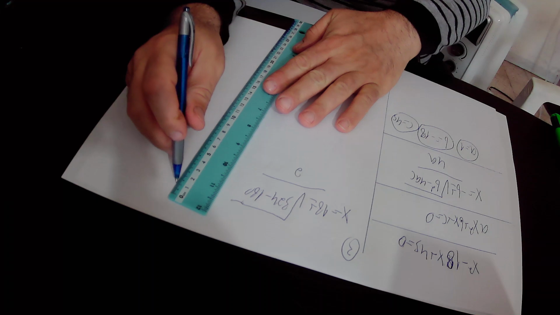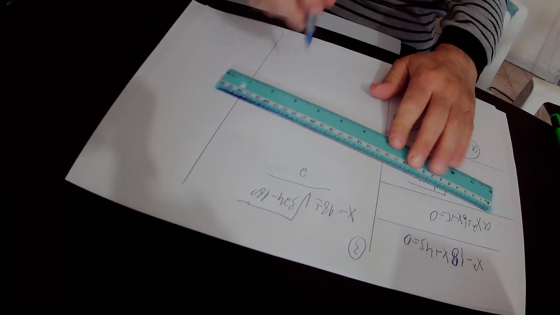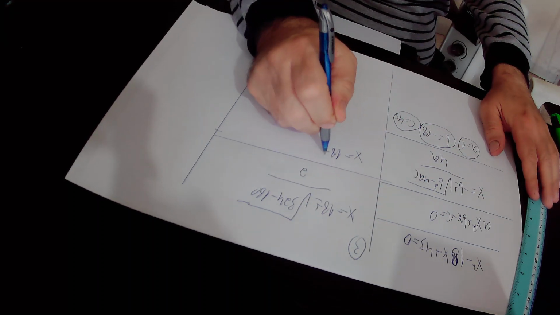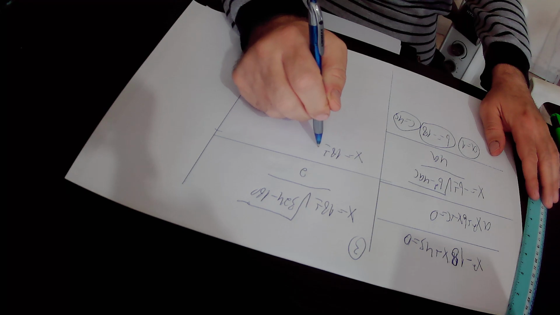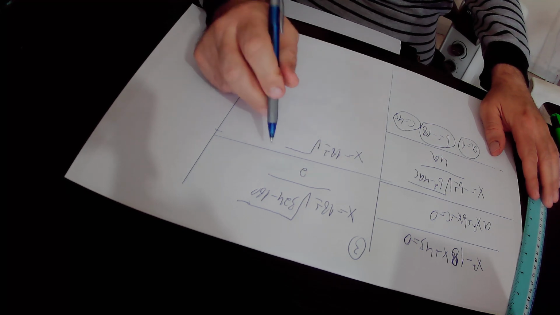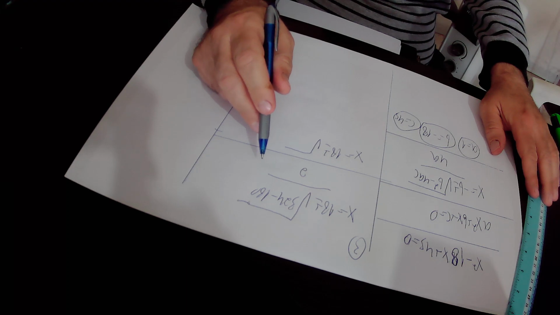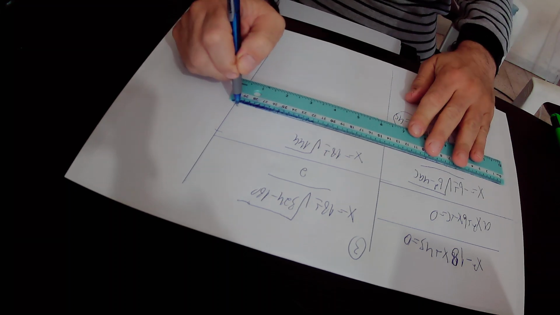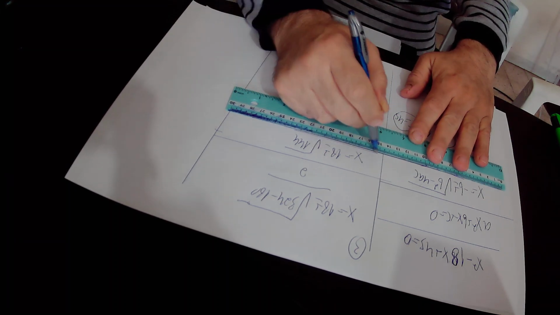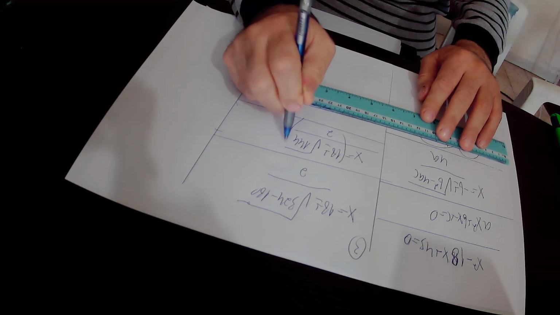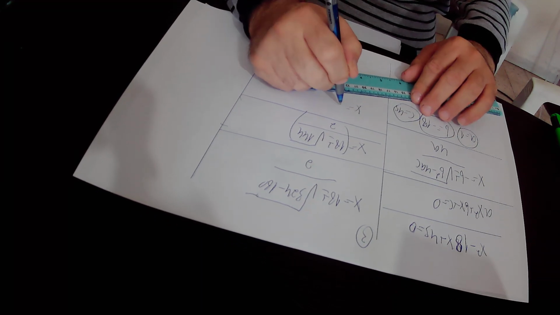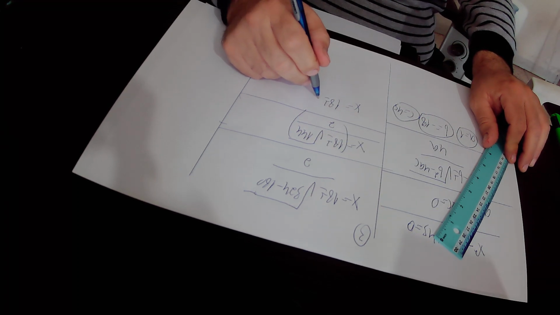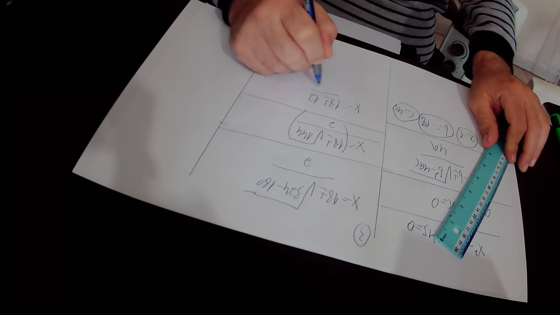So we found out that x equals 18 plus or minus the square root of 324 minus 180, which is 144, divided by 2. So x equals 18 plus or minus the square root of 144, which is 12, over 2.